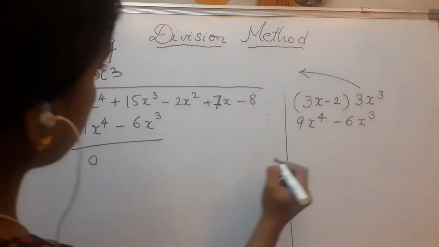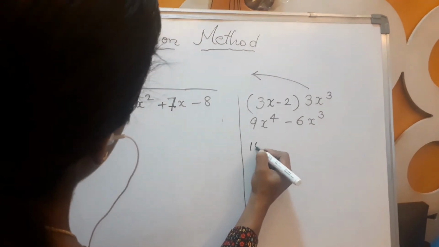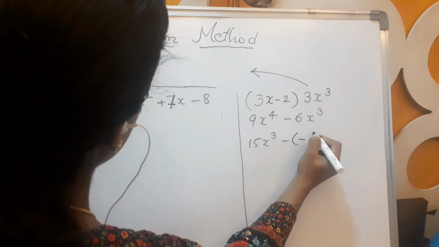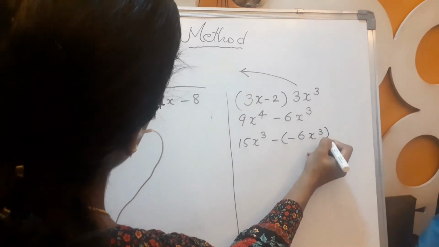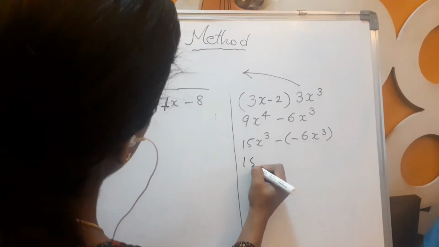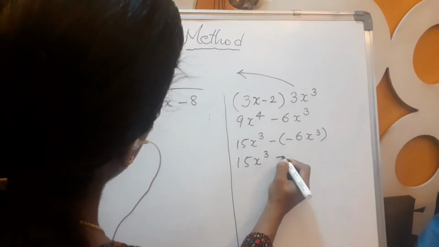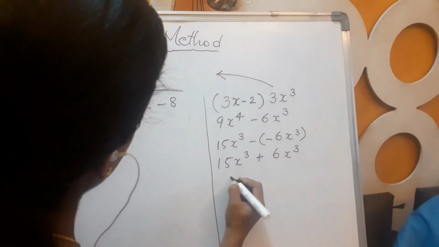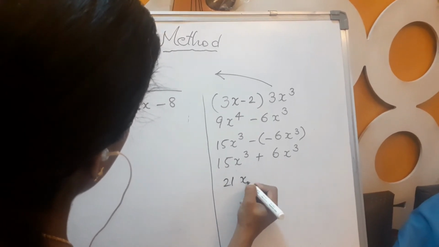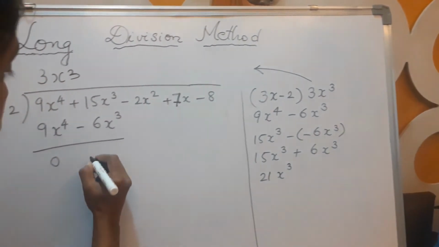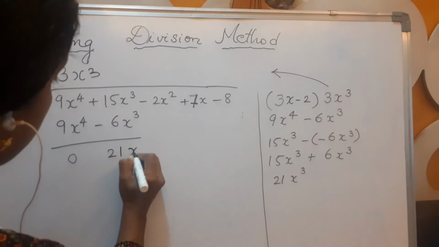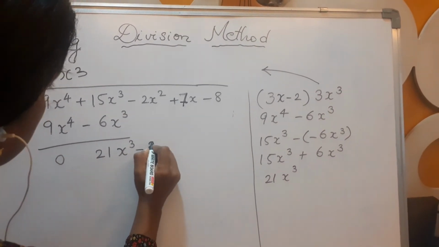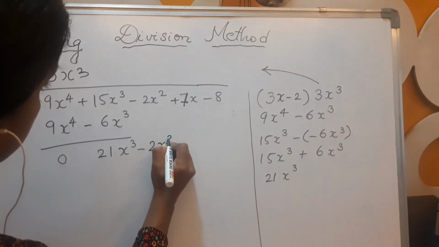0. This is 15x cube minus 6x cube. That becomes 15x cube plus 6x cube. 15 and 6, 21x cube. Alright, so this you write it here, 21x cube, and then bring down the remainder, that is minus 2x square.